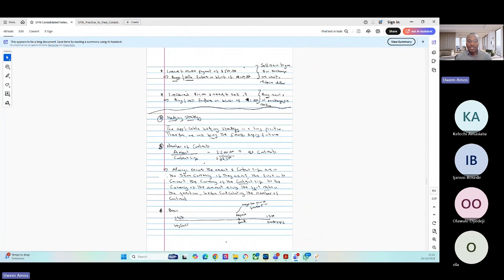But then if you take a look at the forward, you would realize that there are two values. There is 1.9223, and then there is 1.9339. Those are two values. And we explained in a previous class as a quick recap that a currency market works like every other market out there.